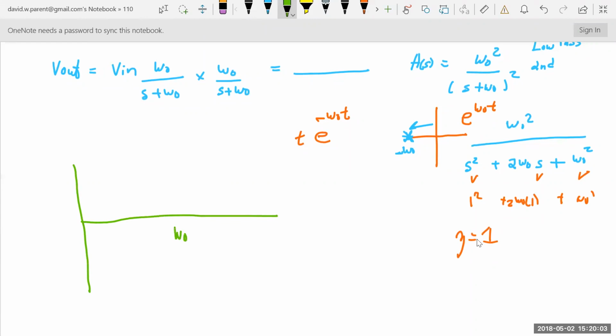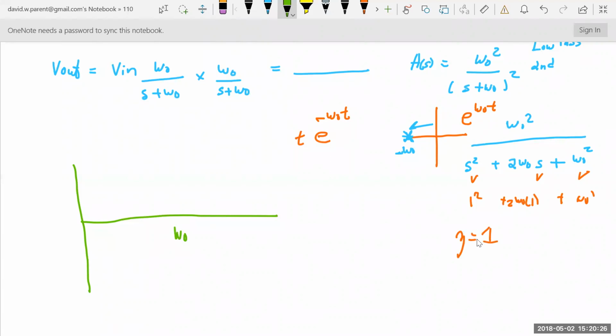In this example, omega naught is in fact where the root is. When you have two distinct roots, omega naught is where you're at minus 90 degrees phase. Same here, but I'll show you later.